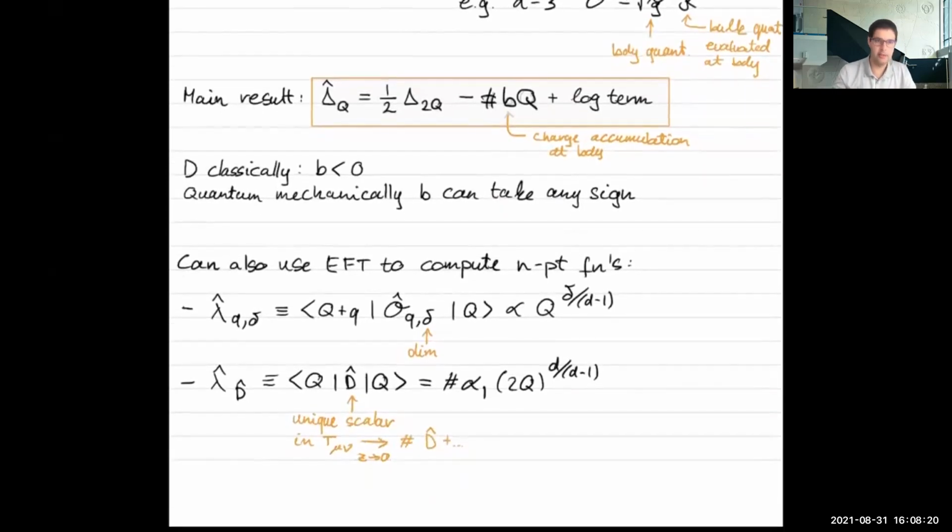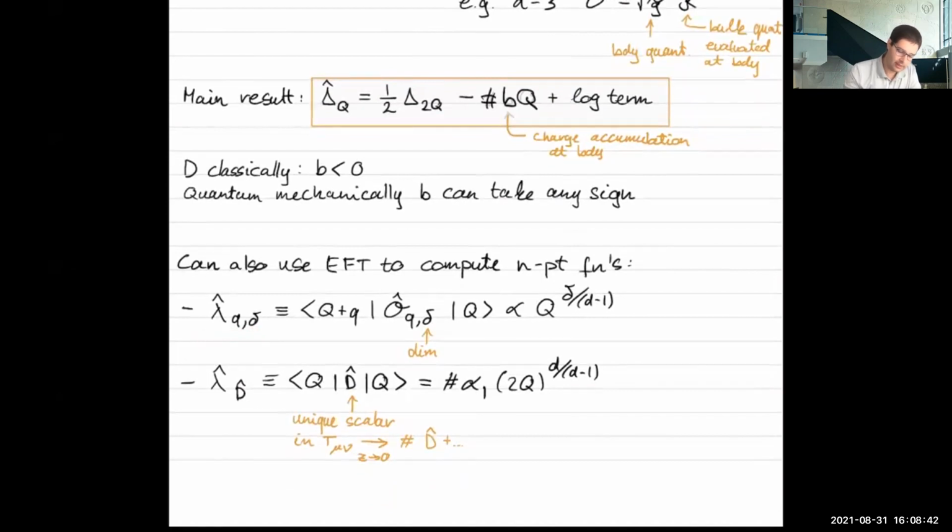Another comment is that you can use the EFT, as was shown in many nice papers, to compute not just scaling dimensions, but also n-point functions. In CFT, it's enough to calculate 3-point functions. For example, we can compute boundary OPE coefficients.